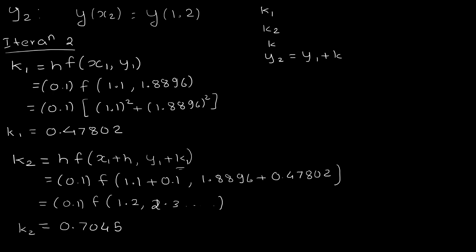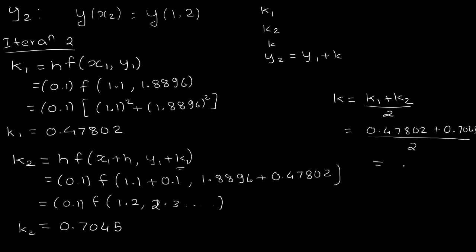So now you have got k1 and k2 for your iteration. You have to check for the k value. K value for your iteration 2 will be k1 plus k2 upon 2. K1 is 0.47802 plus k2 is 0.7045, divided by 2.